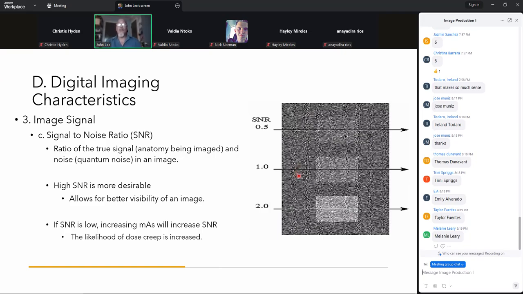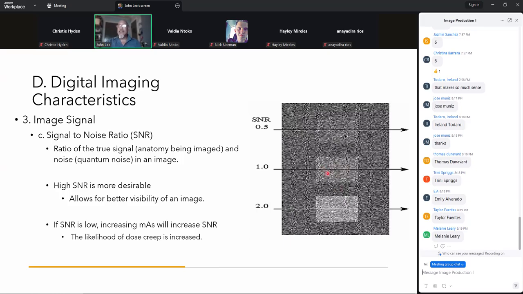Going to a 1.0, it's the same thing here. So we've got this ratio of 1 over 1, 2 over 2, 4 over 4, 3 over 3. The ratio equals 1. Let's put it that way. So now we've got one bit of information from our signal and one bit from our noise.